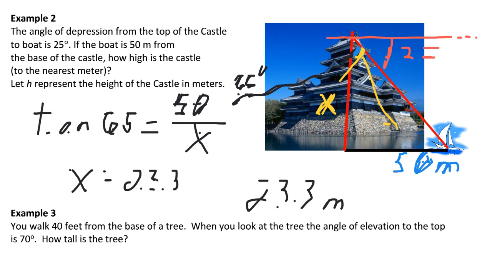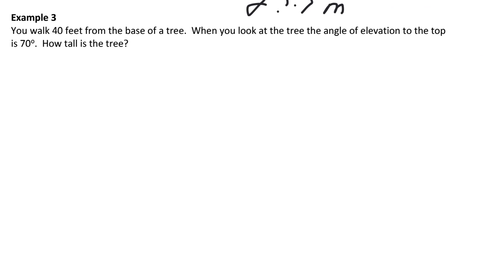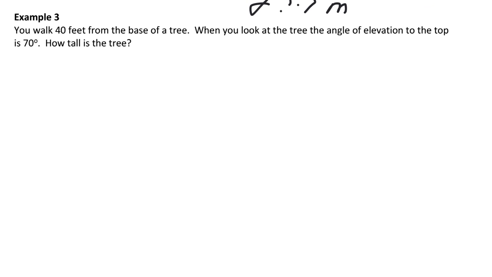Got to be careful with your labels, see what they're giving to you. You walk 40 feet from the base of a tree. When you look at the tree, the angle of elevation to the top is 70. So I'm going to draw a tree over here. You walk away 40 meters.